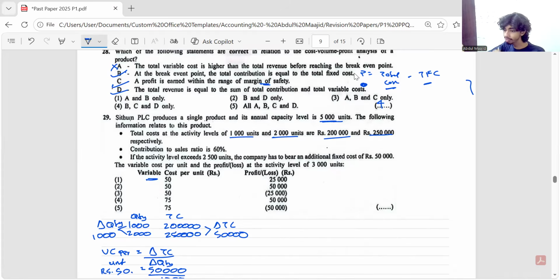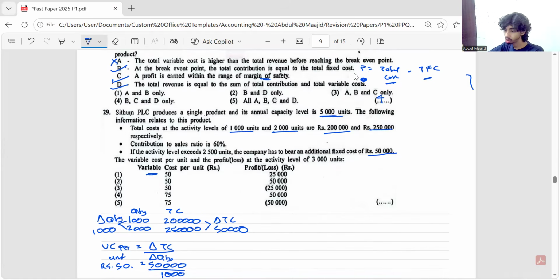If the activity level exceeds 2,500, the company has to bear an additional fixed cost of 50,000. Now, profit equals total contribution minus total fixed cost.